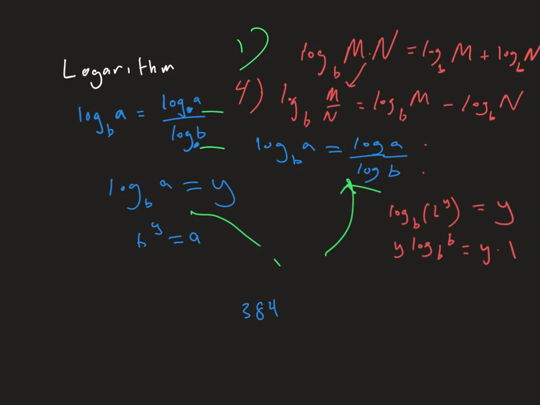The reason is because we can write it as the sum of powers of 10. We can write it as 3 times 10 squared plus 8 times 10 to the 1 plus 4 times 10 to the 0, because that's really 3 times 100, which is 300, plus 8 times 10, which is 80, plus 4 times 1, so it's 384.